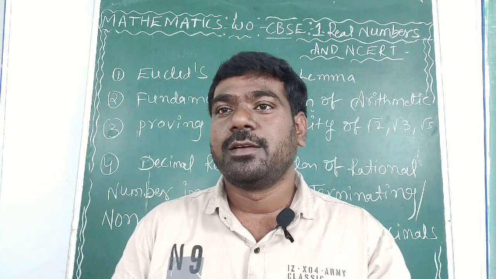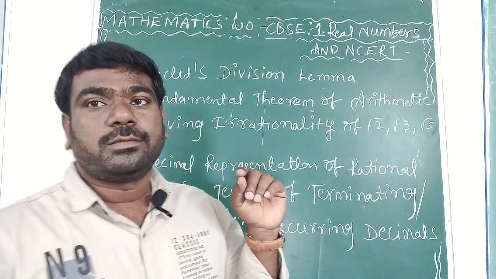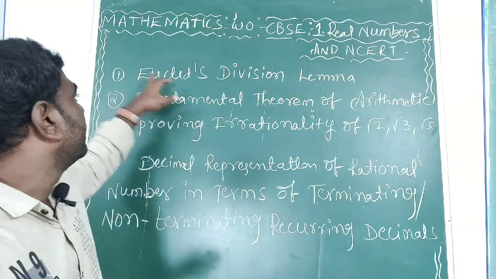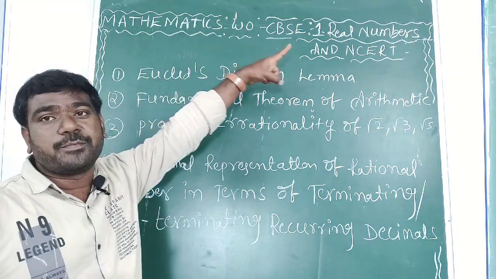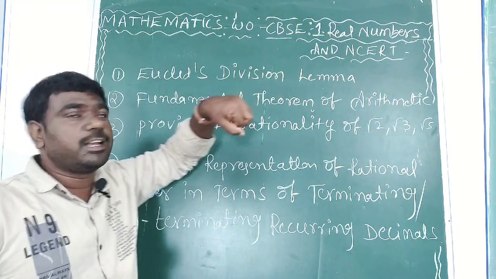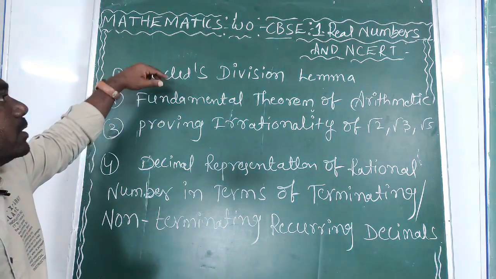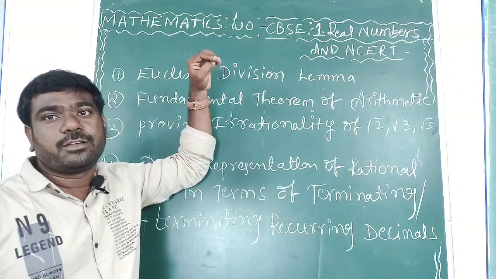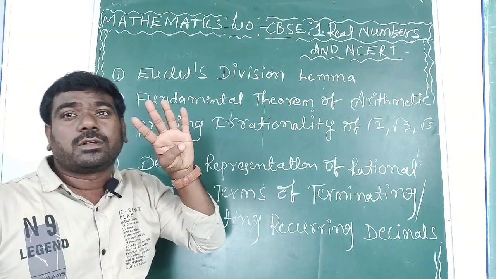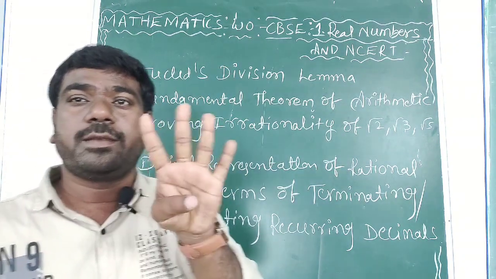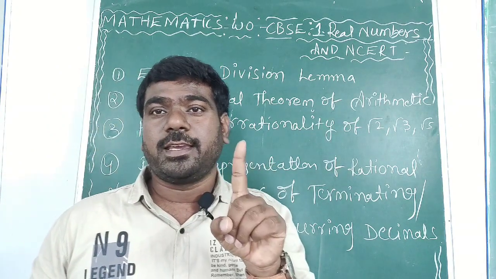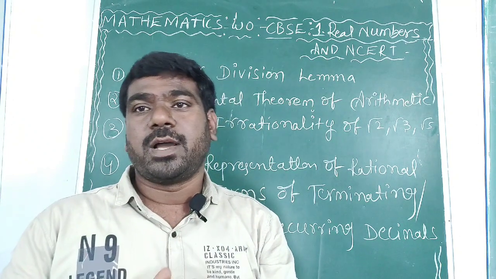So, the first lesson in the CBSE and the NCERT is Real Numbers. In real numbers, the first lesson syllabus is categorized into 4 major topics. What are those? The first topic is Euclid's division lemma.